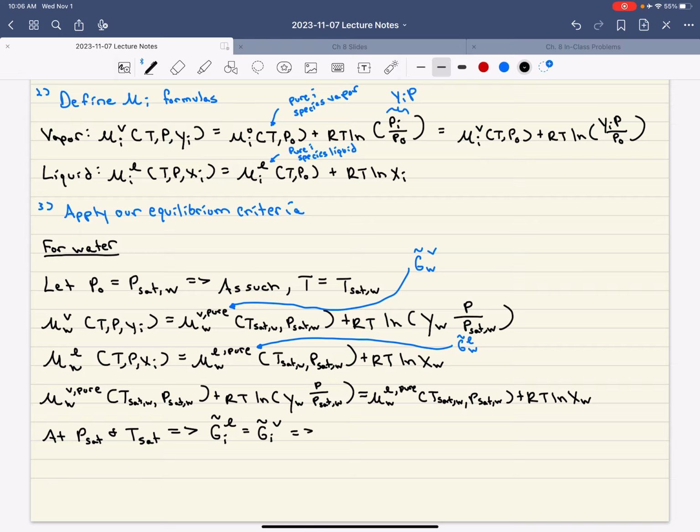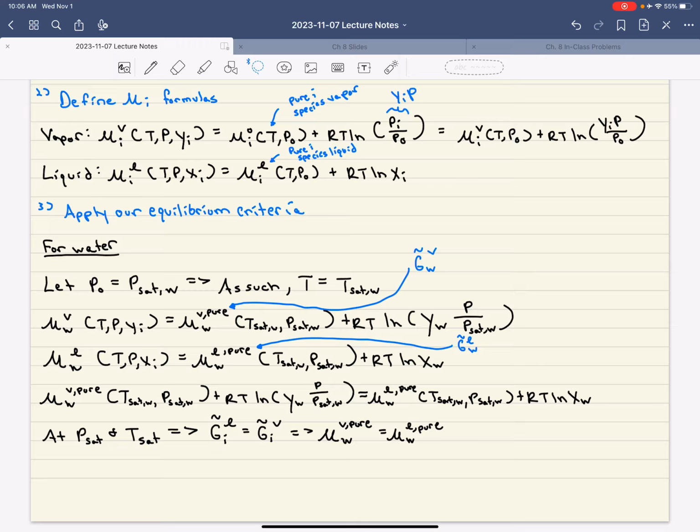And so what that means, consequently, is that our standard state chemical potentials for water in both the liquid and the vapor phases are equal to one another, just by definition.